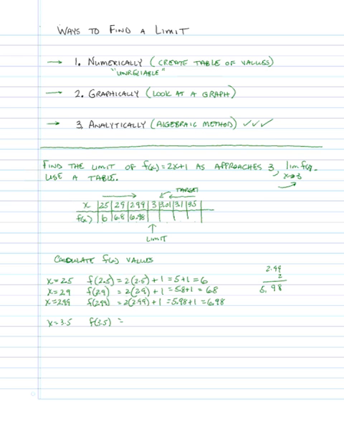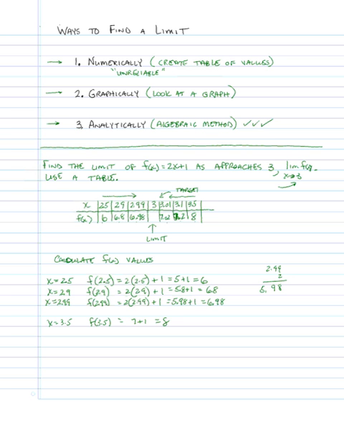So f of 3.5 ends up being 7 plus 1, or 8. So we fill in this with 8. And you can understand that we'll continue that process. When we use a 3.1, we would end up calculating a 7.2. Would be our calculation, 7.2 for f of x. And when we use a 3.01, we would calculate a 7.02 for f of x.